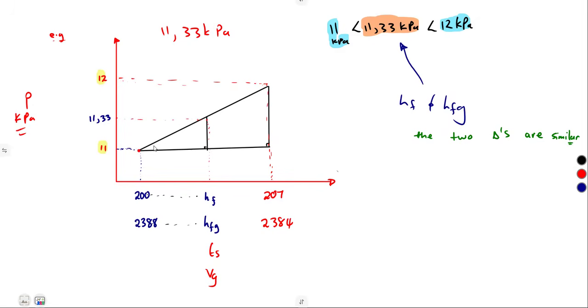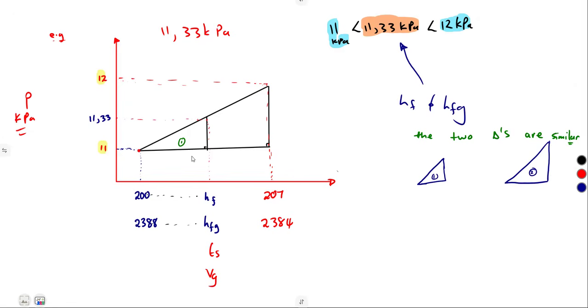I'm talking about the first triangle, this one, the smaller triangle. The second triangle is the bigger triangle. We consider that they are similar: the smaller triangle and the bigger triangle. Those are the two triangles that I'm referring to.